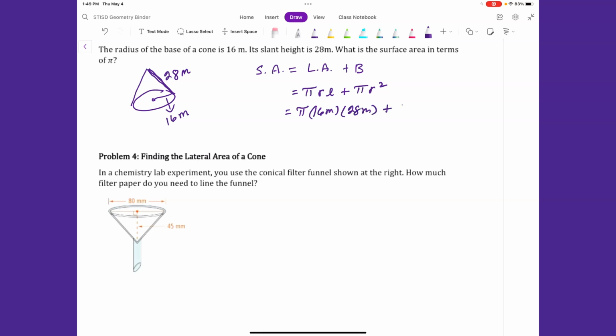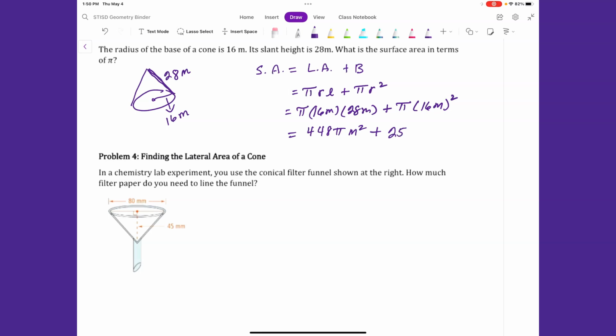plus pi, and the radius is 16 meters, and then we're going to square. So we're going to go ahead and multiply 16 times 28. So we get 448 pi meters squared plus, we're going to square 16, which gives us 256.